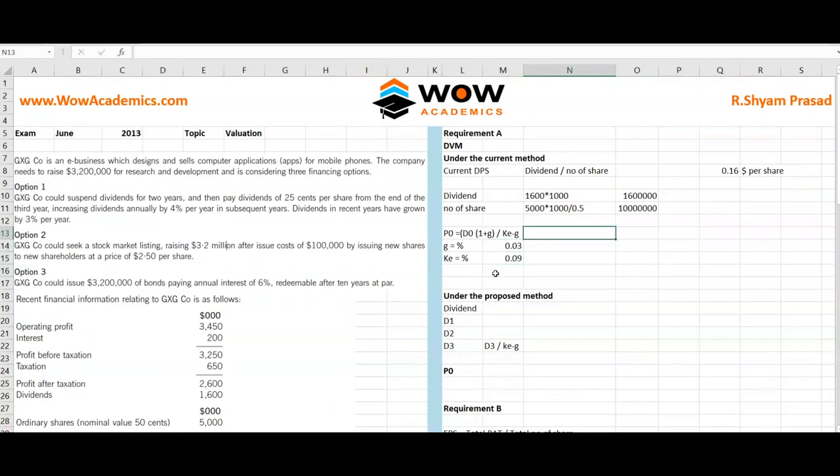So our formula is like this. D0, which is the dividend per share, we'll have 0.16 into 1 plus G, divided by KE, 0.09, minus G, close the bracket, get the answer.